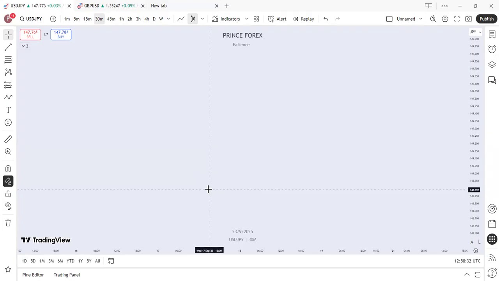Before you can even make a decision, before you can even predict price, before you can mark out possible zones, you need to understand market structure in the first place. Because if you don't understand market structure, you can't make the right decisions as an SMC trader. So market structure, like I said from the definition, is the flow of the market, right?